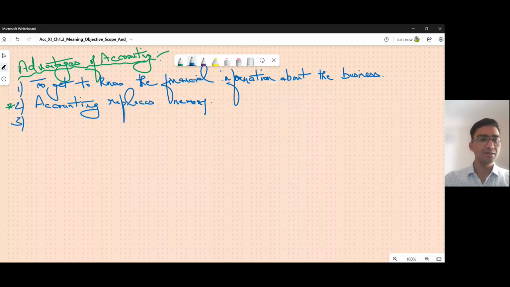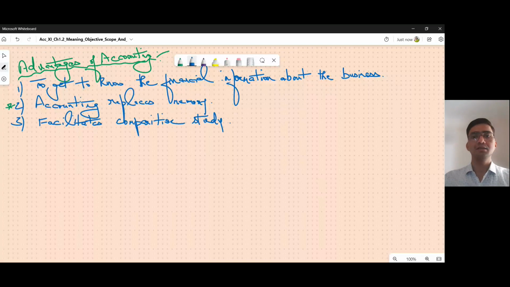Third point, it facilitates comparative study. So accounting facilitates comparative study. What are we talking about over here? Every year the business is functioning.